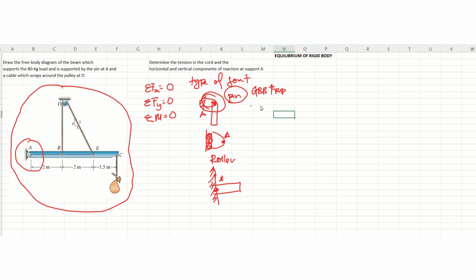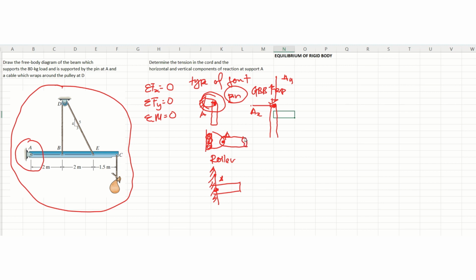Let's say this is a pin. The forces will be AX and AY. The directions are either positive or negative. We assume first. This is the body, the frame, and the force is like this. This is for the pin.